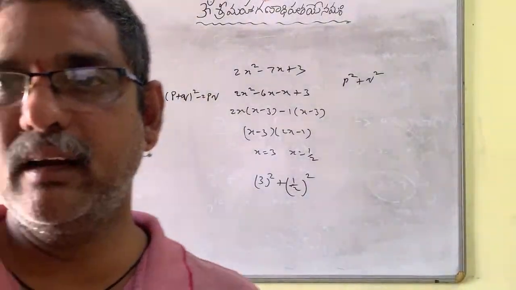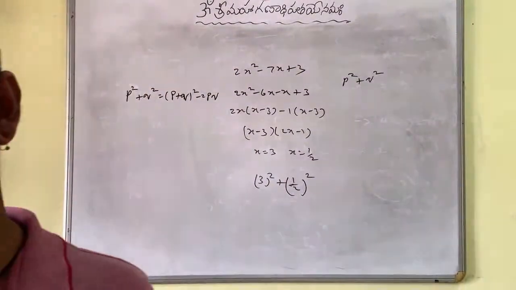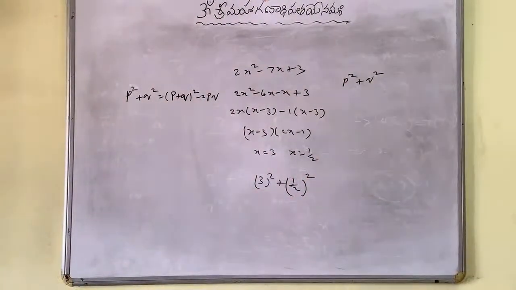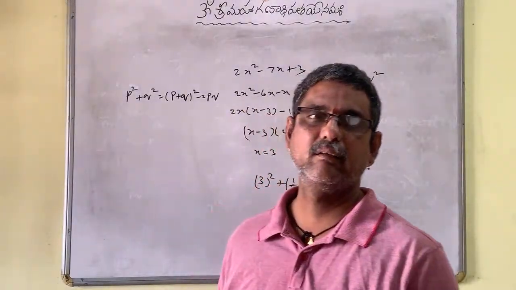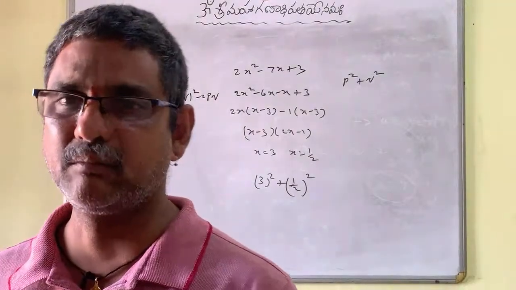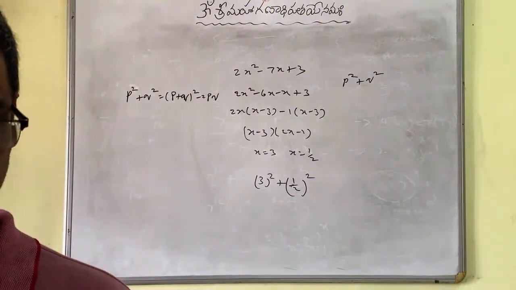Some students may know this formula, but some may not, so they can first find alpha, beta and then substitute. That is one method. 37 by 4 is the correct answer.